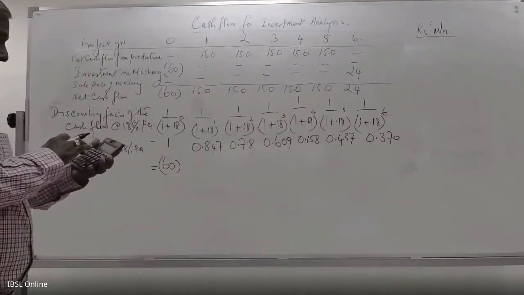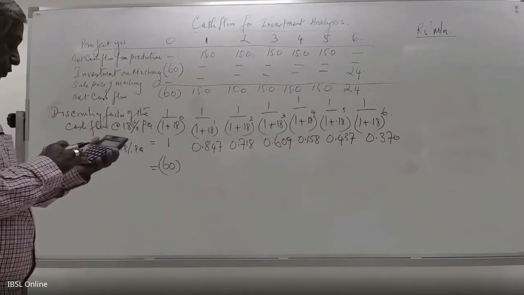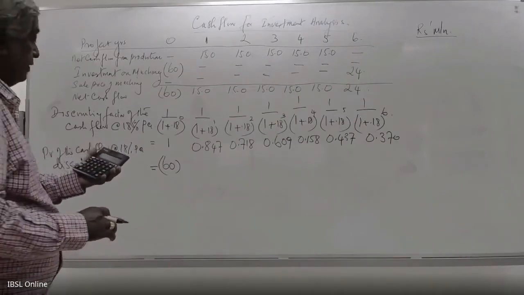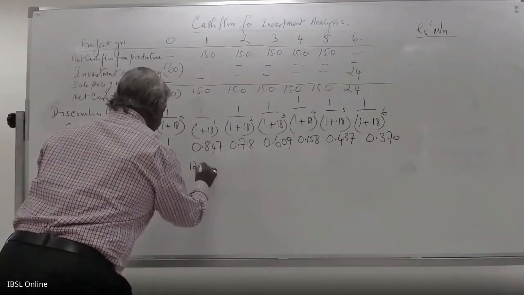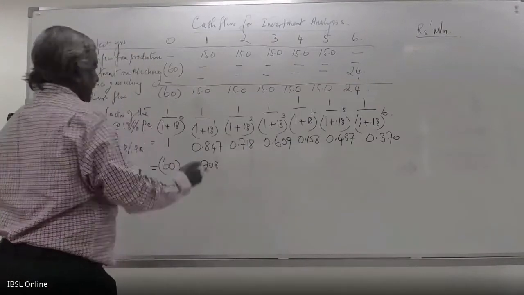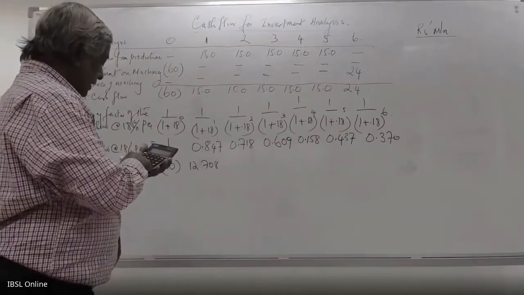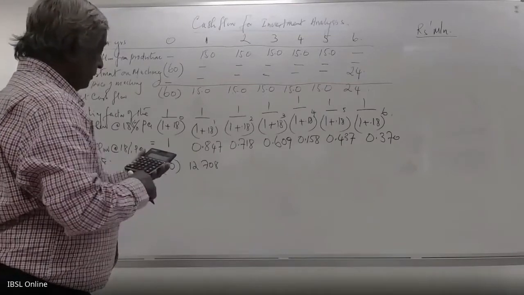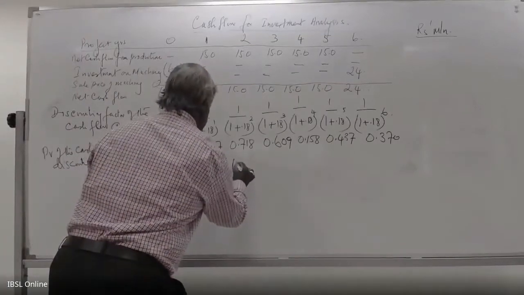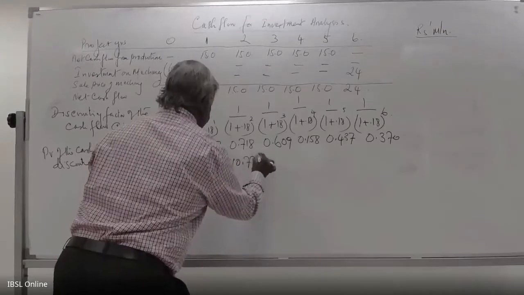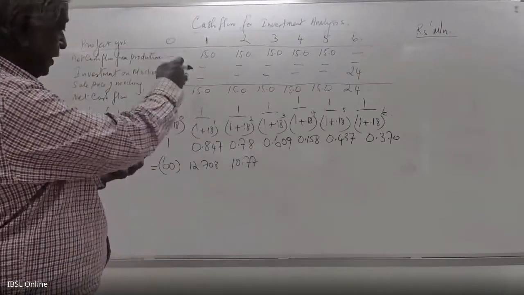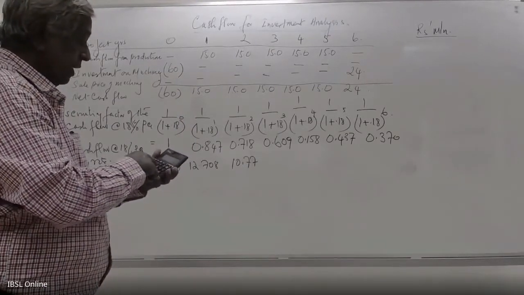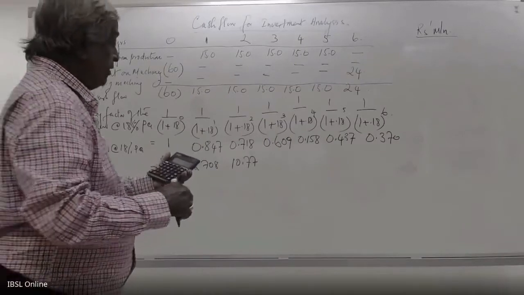So 15 into 0.847, 12.705. Again 15 into 0.718, 10.77. Again 15 into 0.609, 9.135.